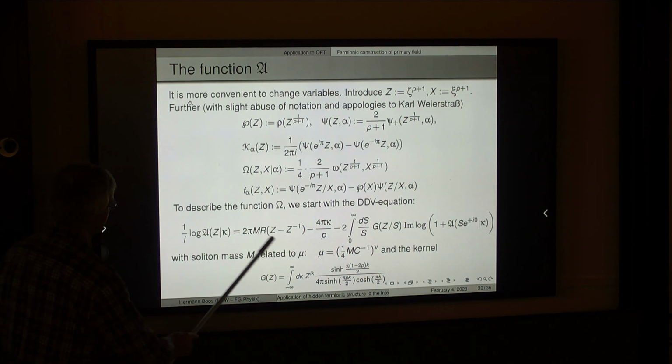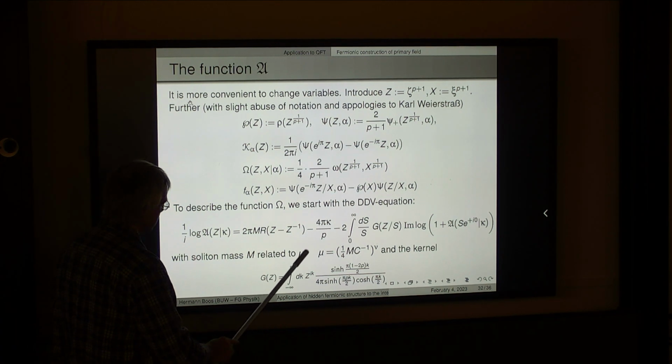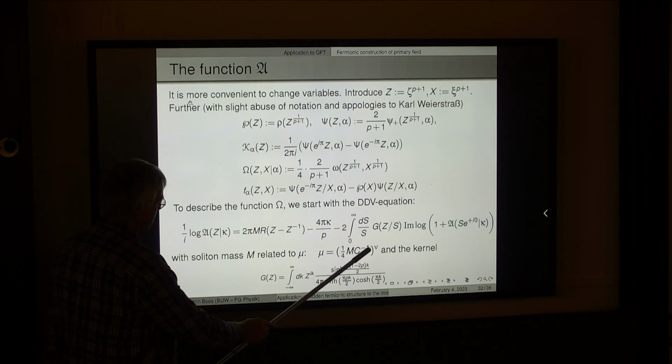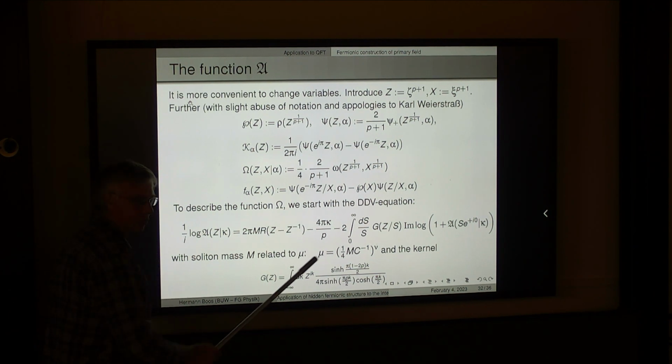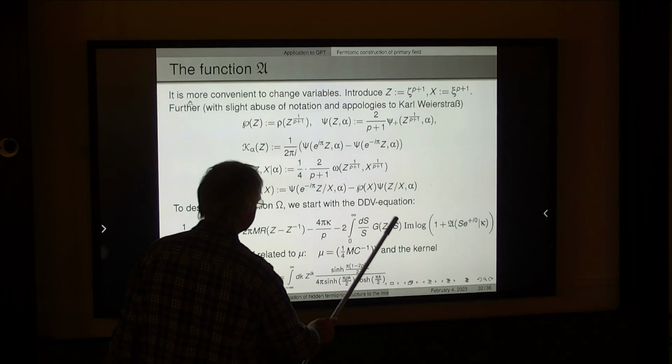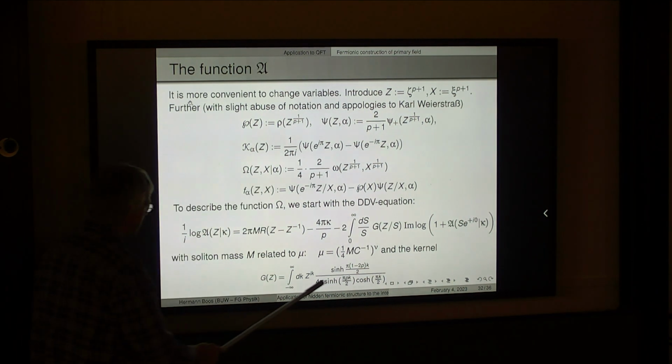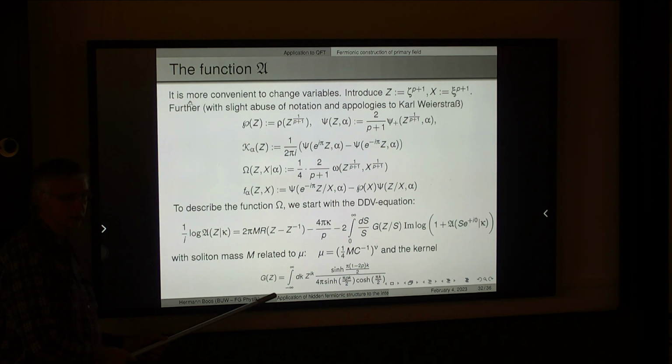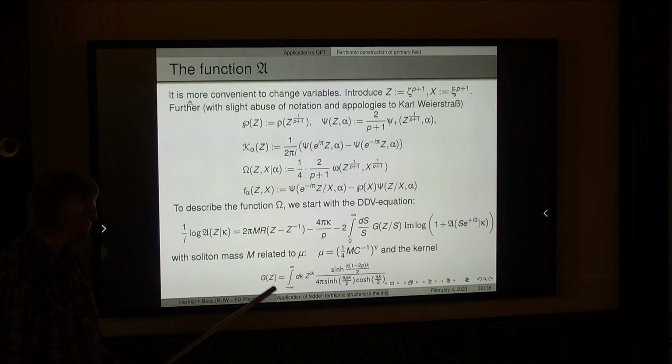The driving term, this m, which is this constant, is nothing but the soliton mass related to this original mass parameter mu through this famous formula in the literature. And the kernel G is given by the following integral from minus infinity to infinity.